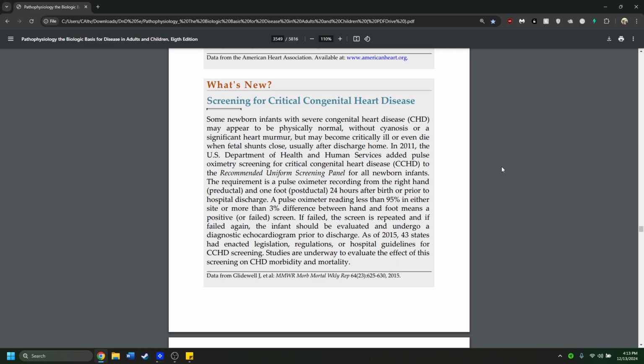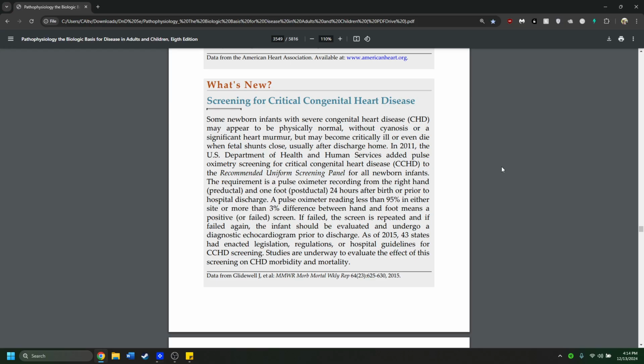The requirement is a pulse oximetry recording from the right hand preductal and one foot postductal, 24 hours after birth or prior to hospital discharge. A pulse oximetry reading less than 95 in either site, or more than 3% difference between hand and foot, means a positive or failed screening.